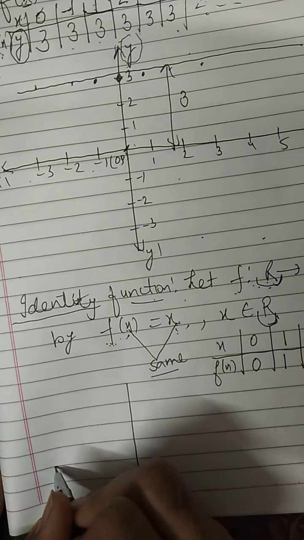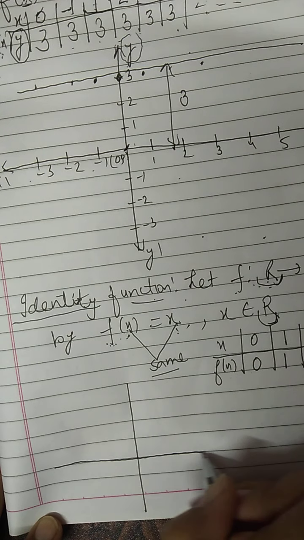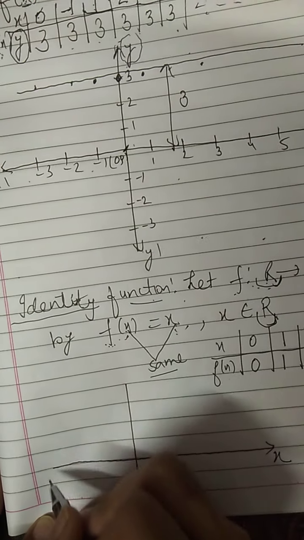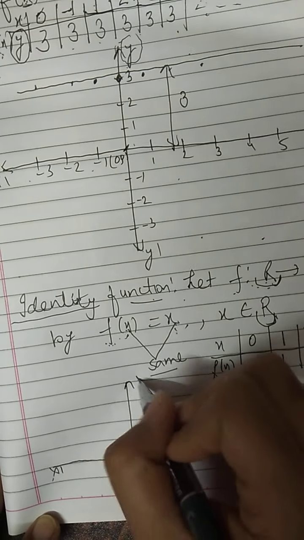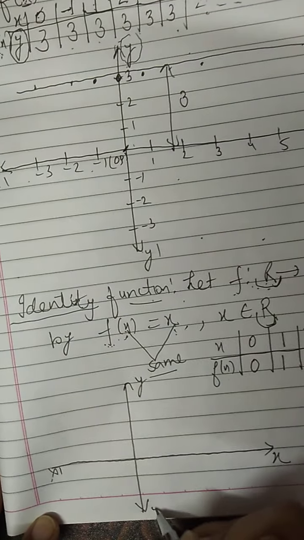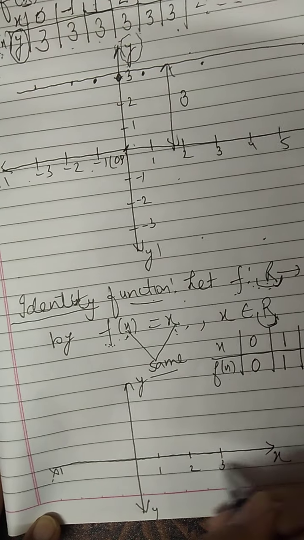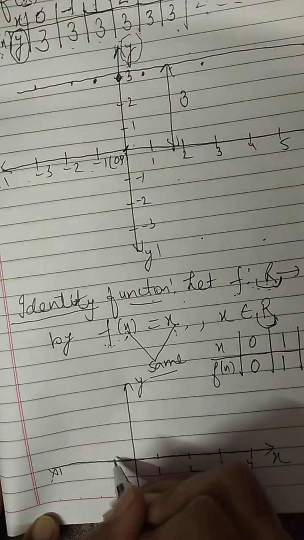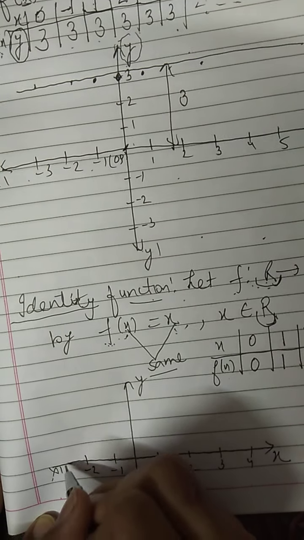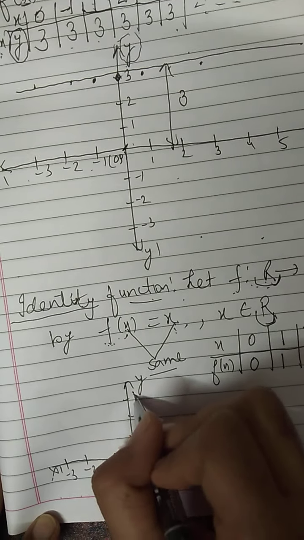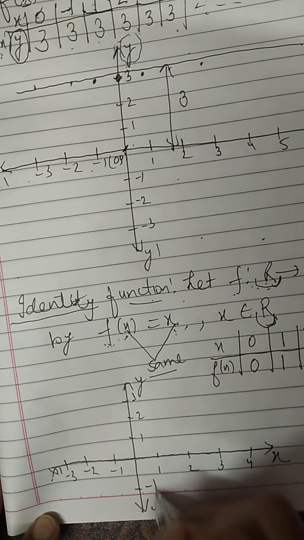Let us plot it. X-axis, x dash, y, y dash. So if I mark 1, 2, 3 and 4, and this is -1, -2 and -3. This is 1, 2 and 3, and here let it be -1.